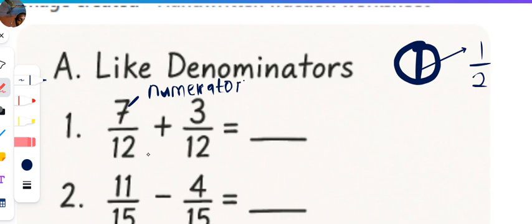This is the numerator. The number up is called the numerator, while the number down is 12. In all the fractions, the numbers down are called the denominators. Denominator. The denominators.